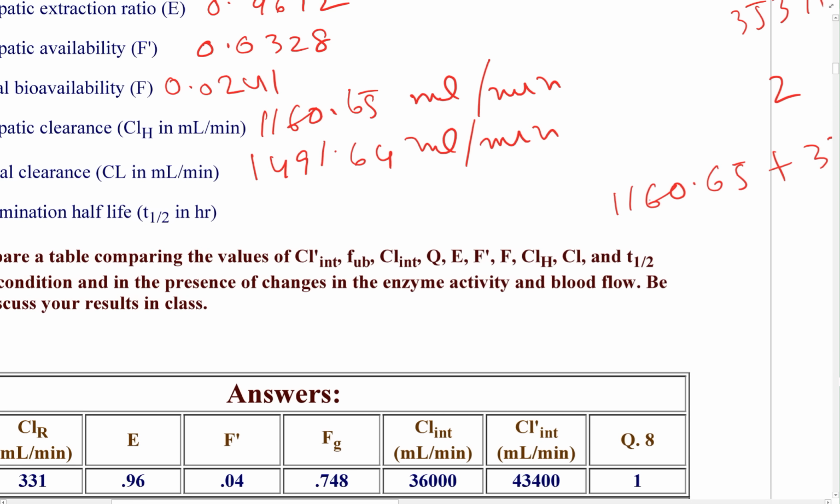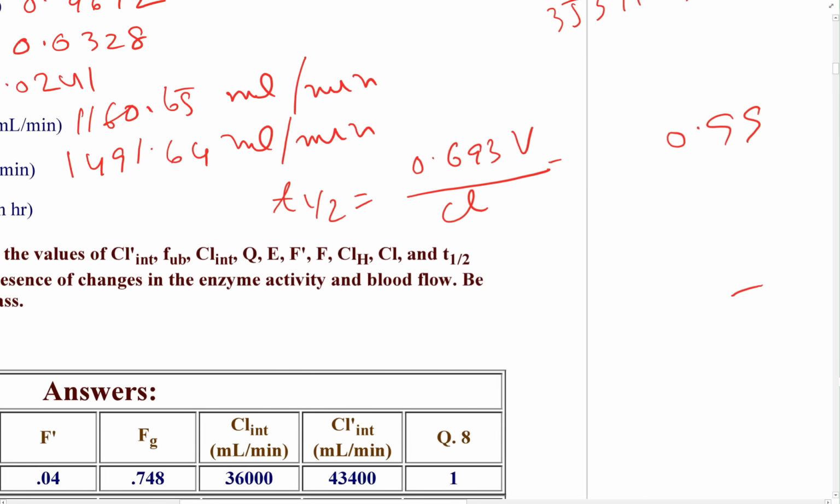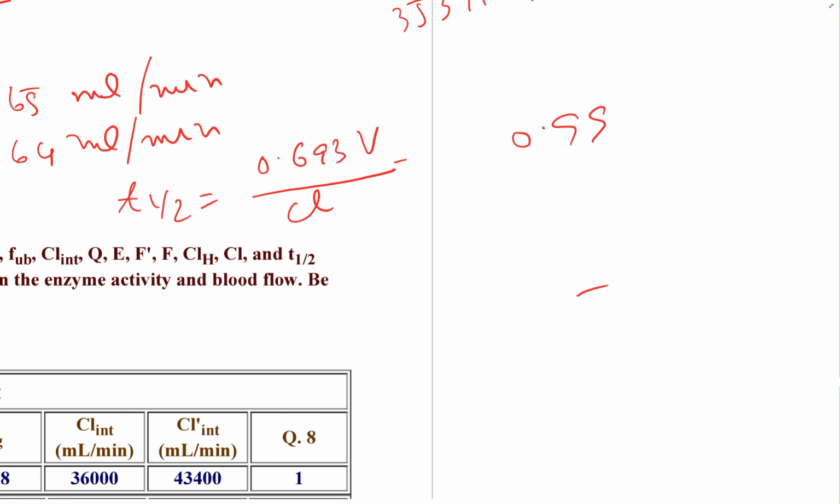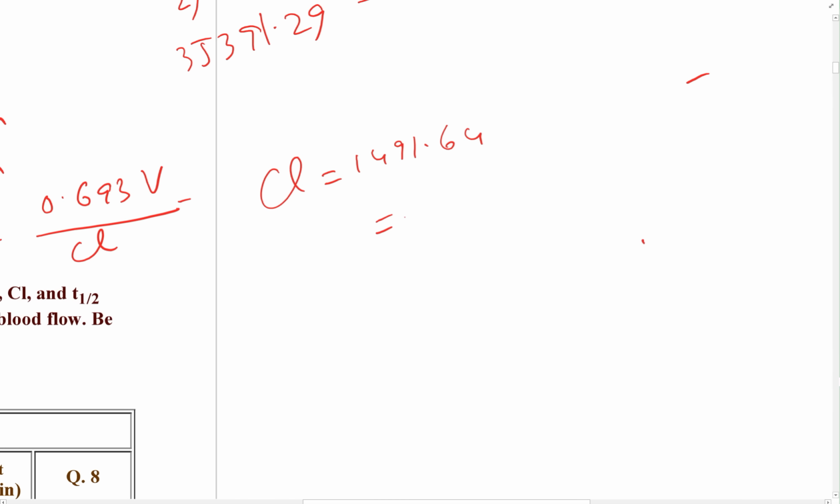And now elimination half-life, the same way as you calculated in part 2. T half is equal to 0.693 V divided by CL, and you have to convert CL to liter per hour. Our new CL is 1491.64, which if you convert to liter per hour would be 89.498 liter per hour.